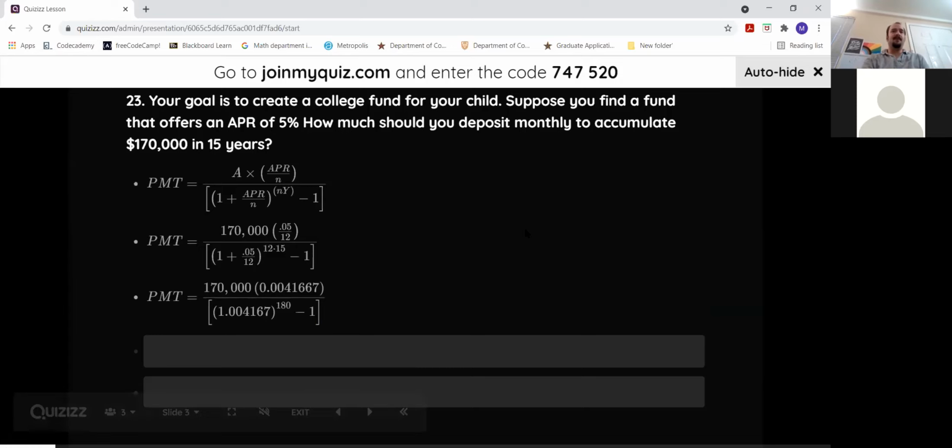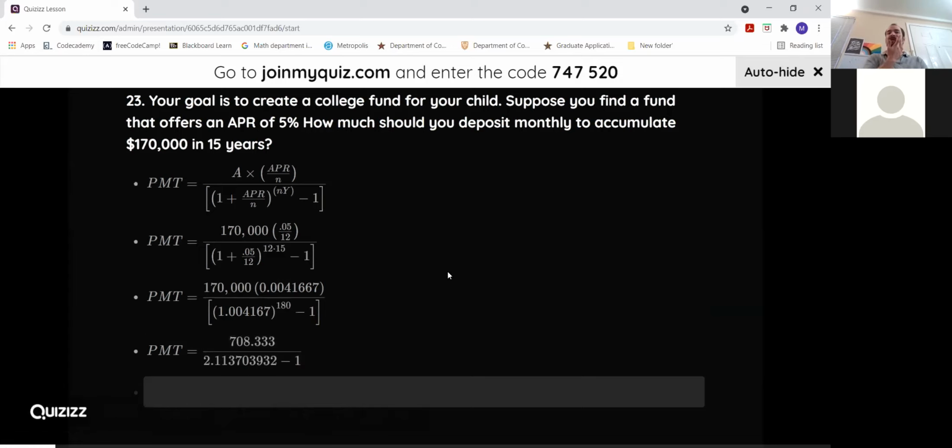I divided 0.05 over 12, so it's like 0.00416 repeating. It's 1 plus that here, just that by itself here, and 1 plus that decimal here. 12 and 15 make 180, and that's the exponent. I multiply my top together, I'm going to get 708.33.